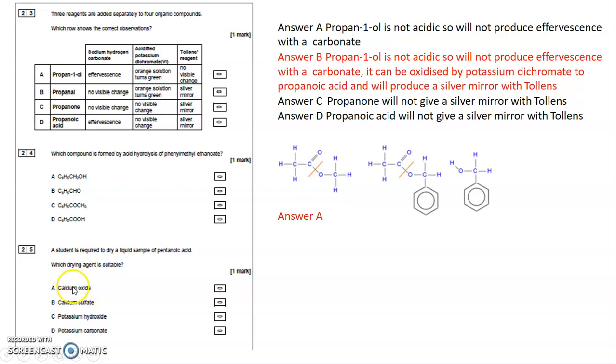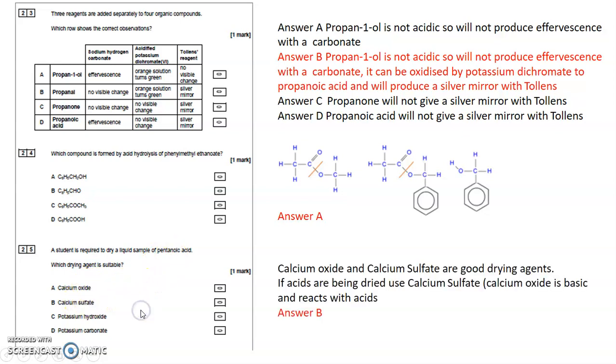Any metal oxides are basic, so that's going to react with the pentanoic acid. So I would choose calcium sulfate. That's not basic. It's not going to react with acids. I would choose B. So between A and B, both good drying agents. Calcium oxide, metal oxides are bases. Bases react with acids. Not a good idea. Calcium sulfate is your better choice.